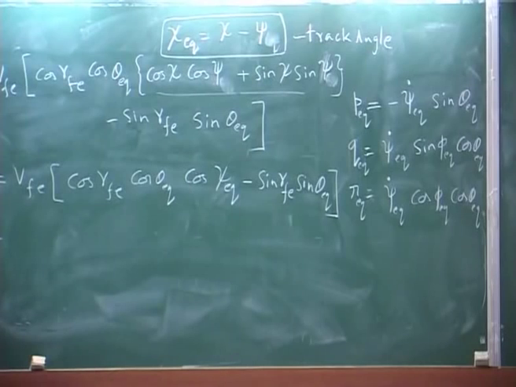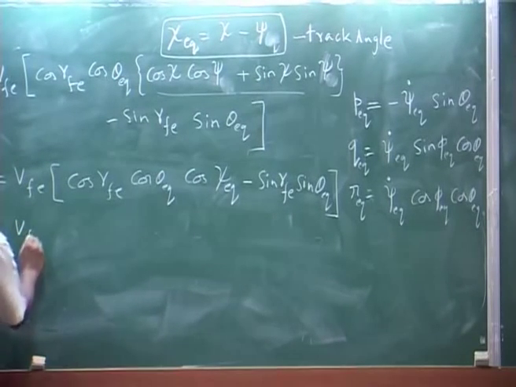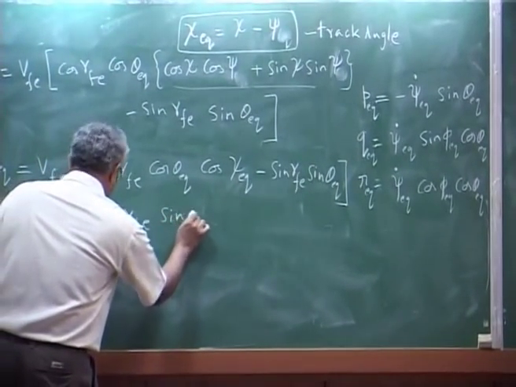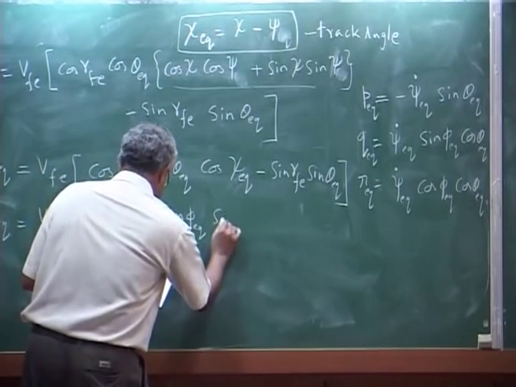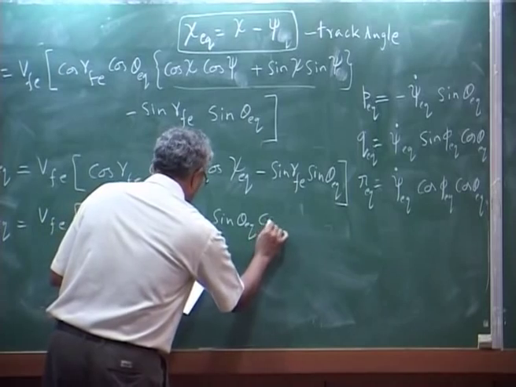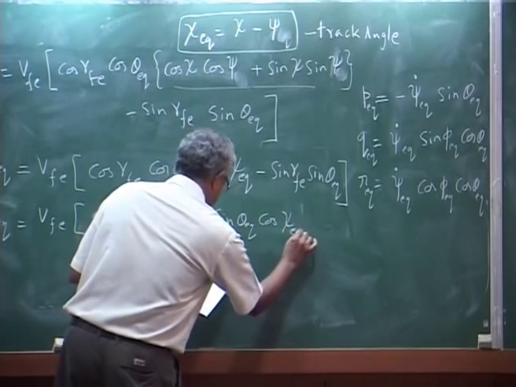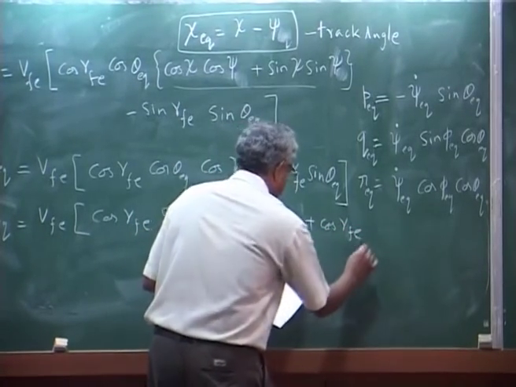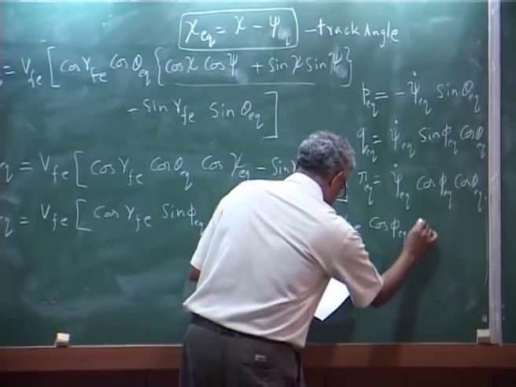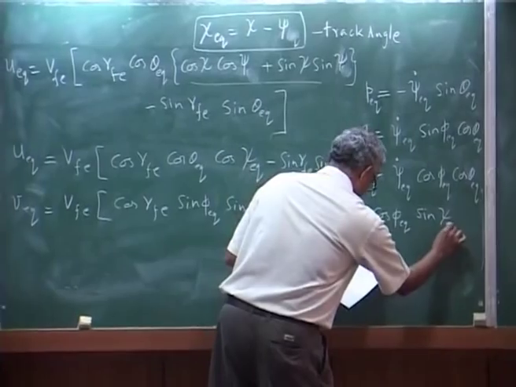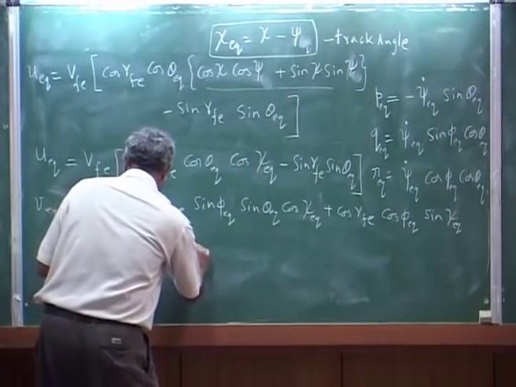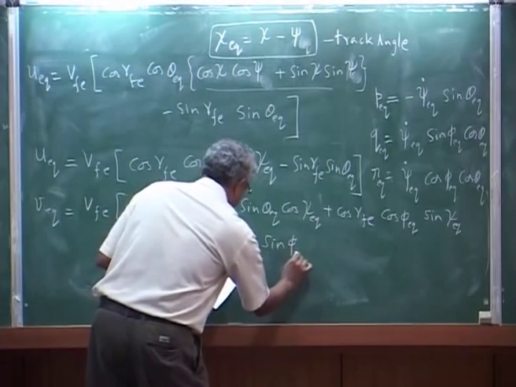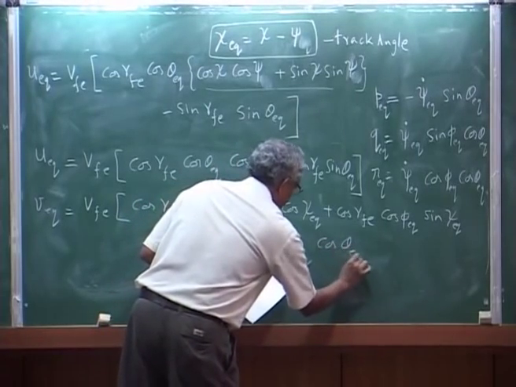Now what you do is you will have your VE is VFE cosine gamma FE sin phi equilibrium sin theta equilibrium cosine chi equilibrium plus cosine gamma FE, because these are all long expressions, phi equilibrium sin chi equilibrium plus sin gamma FE sin phi equilibrium cosine theta equilibrium.